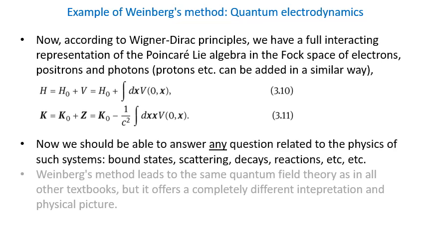This means that the physics part of our work is done. The rest of our job is just extracting measurable predictions by performing calculations using well-known quantum mechanical formulas. Now we should be able to answer any question related to the physics of charged particles and how they interact with light.